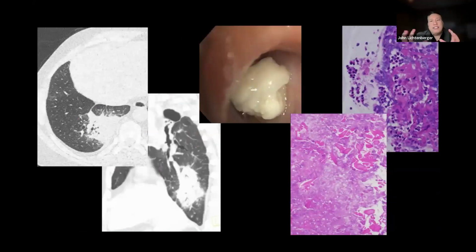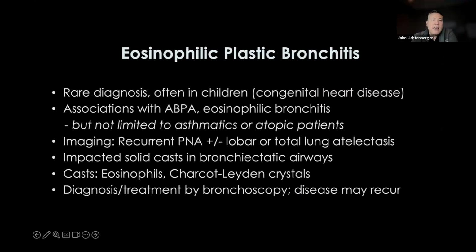So to put this case together, we have airways, some of which are impacted, what appear to be dilated airways, suggesting some degree of chronicity, with consolidation. So a recurrent pneumonia in a portion of lung with airway obstruction, and that corresponds to these eosinophilic casts and plugs within the airway. With eosinophilic plastic bronchitis, what I would take away from this case is that it's very rare.